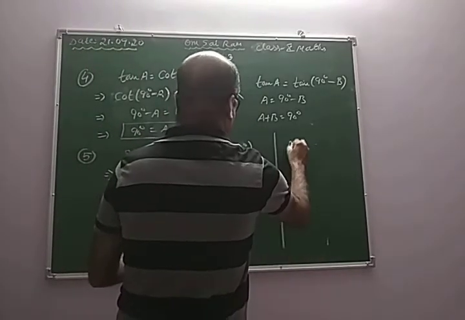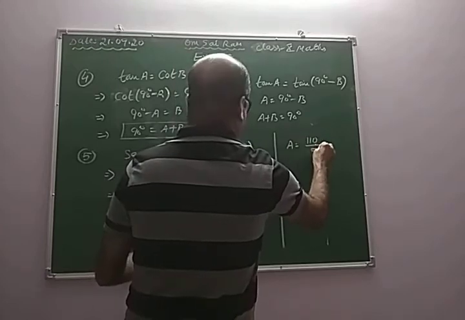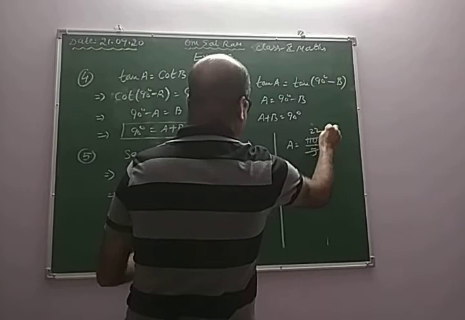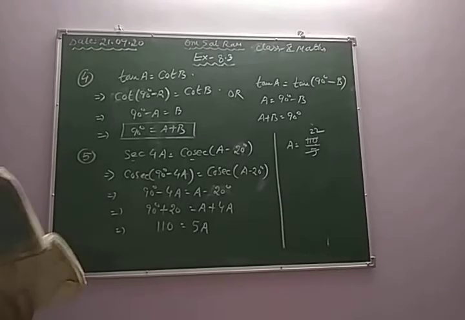So A is equal to 110 by 5. So 5 2s are 10. 90 minus 4A is equal to A minus 20. So angle A will be equal to 22 degree.